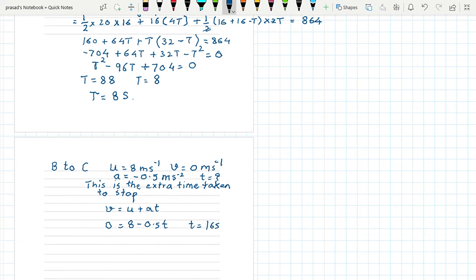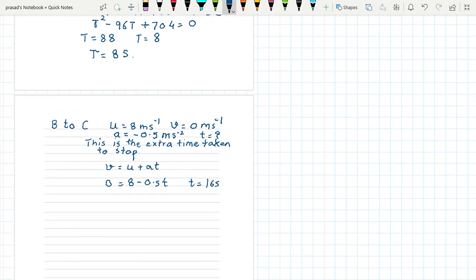So that means the total time taken by the car to travel from A to C will be how much?